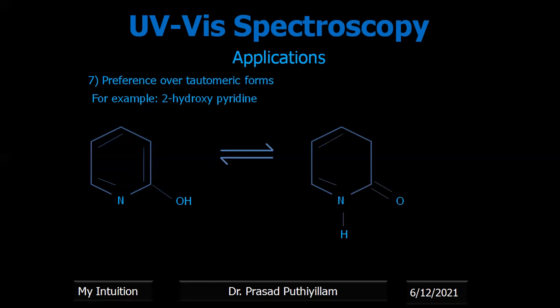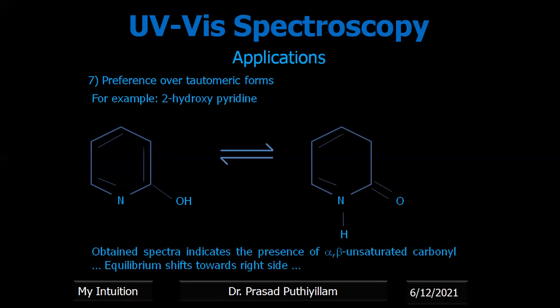Now the obtained spectra indicate the presence of an alpha, beta unsaturated carbonyl compound. After taking 2-hydroxypyridine and recording its spectra using a UV-visible spectrophotometer, the obtained spectra indicate the presence of an alpha, beta unsaturated carbonyl compound. That means this equilibrium always shifts to the right side.